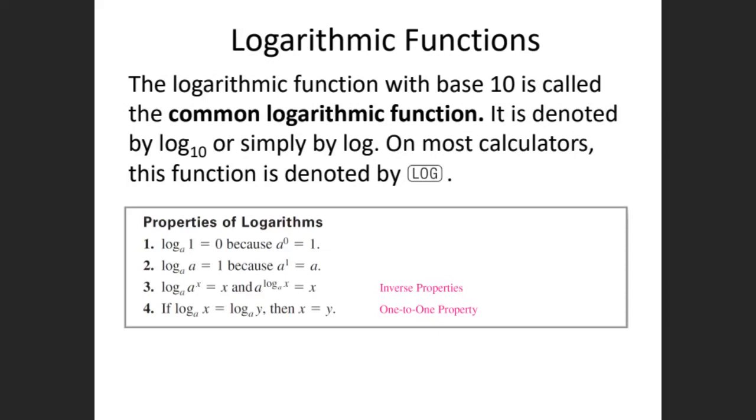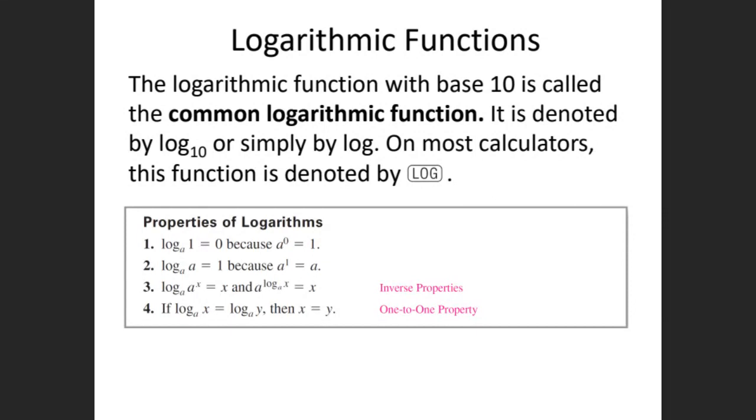The second one, it's like our identity property, right? If I have a log of base a and I input a, the answer is going to be 1. The exponential form of this, a to the 1, is just a itself, right? The third property here, log of base a of input a to some exponent x. Well, it's kind of like our power rule.